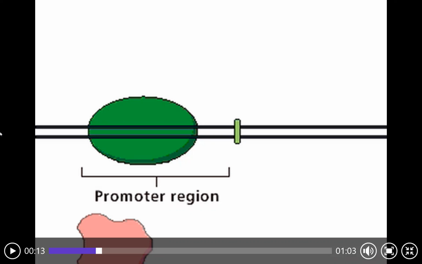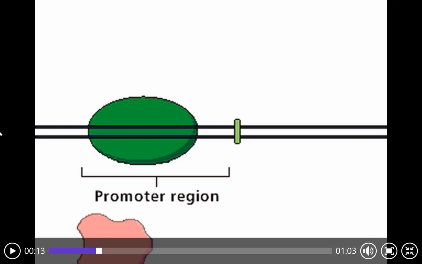Now, the viral genome mostly codes for protein. The human genome, only about 2% of it codes for protein. So these genes are scattered throughout the genome and they have to be found. So the way they're found is there's a stretch in front of the gene. It's called a promoter region, okay?